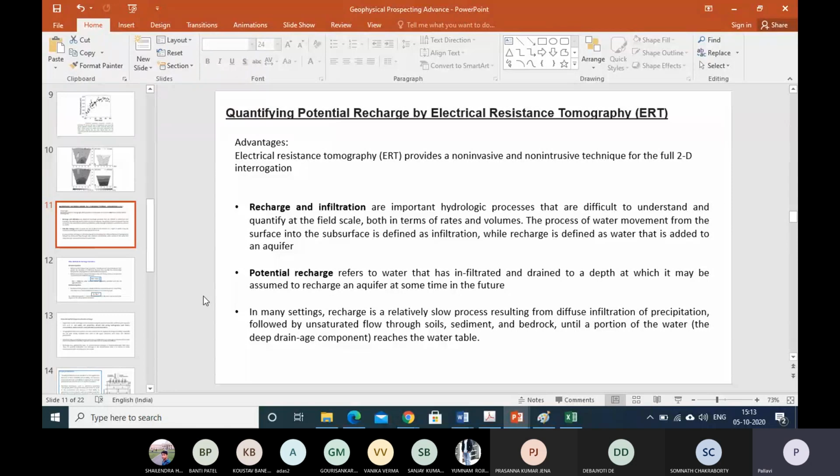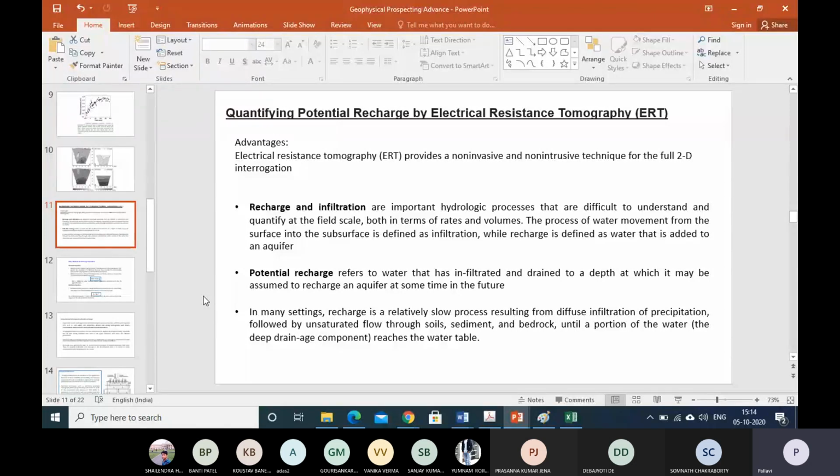Recharge always takes time, so whenever we calculate recharge, we should know that time also. Then only we can calculate it appropriately. For example, if we are doing a laboratory test, we are saturating the laboratory sample immediately. It will not take time because we are not considering depth here. So immediately we saturate it. But in the field, what happens?